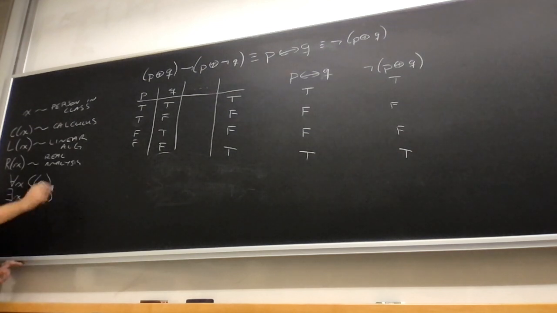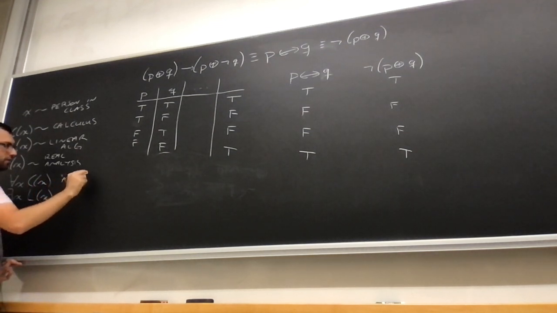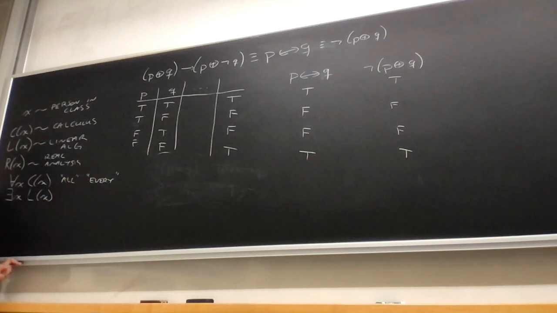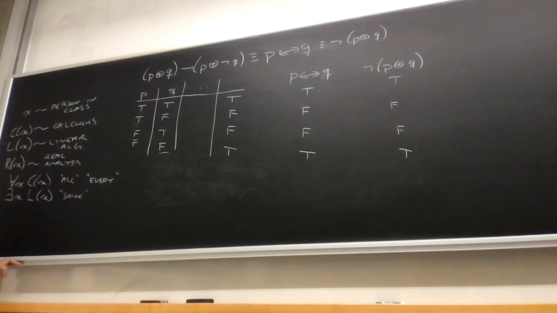And some words you might see associated with the for every x, you might see all or every, right? So if you see those words in an English sentence, that usually means you're talking about for all. And if you see words like some, usually that means there exists.